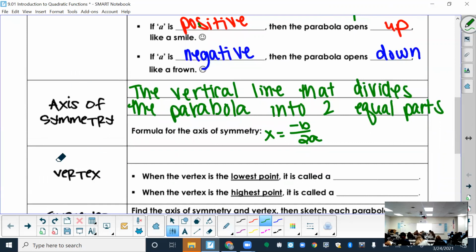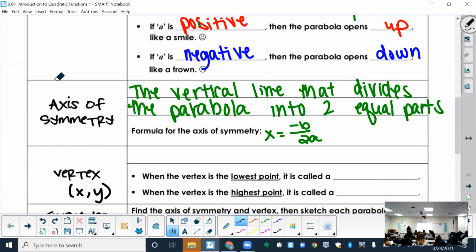One more vocab word for you before we do examples is what's called a vertex. So vertex, that's going to be a coordinate. And I know that it's been a long time since we've done stuff with coordinates, but that's the x, y stuff, right? So that's what a coordinate looks like, x, y.